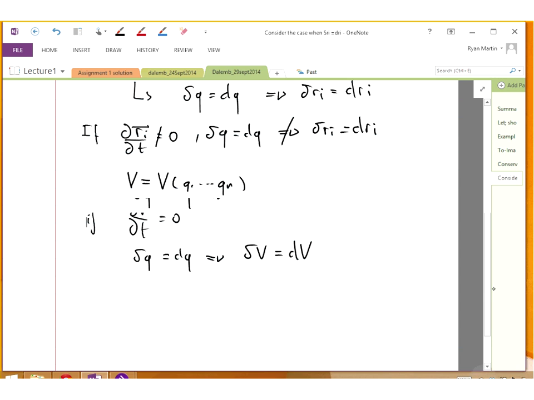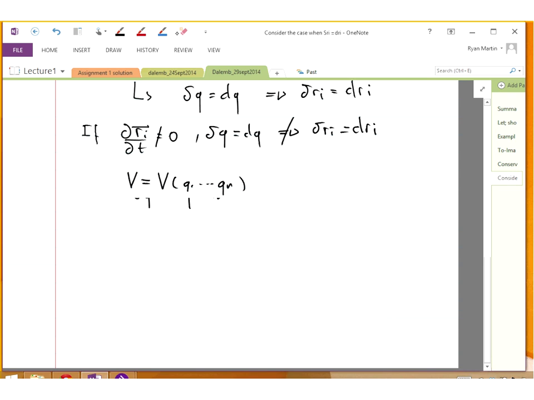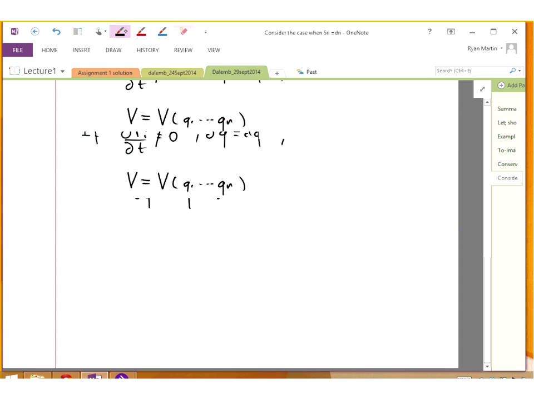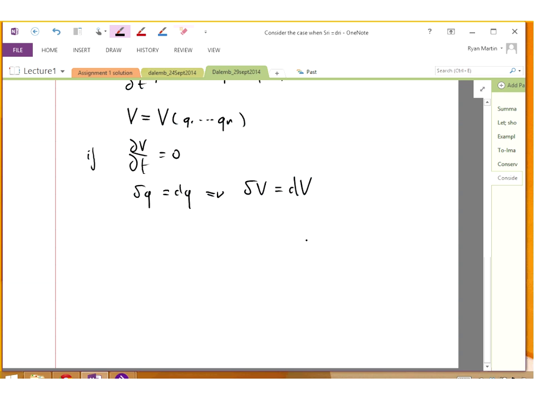So for the rest of the derivation, we will continue assuming a scleronomic system. That's the funnest word to write.